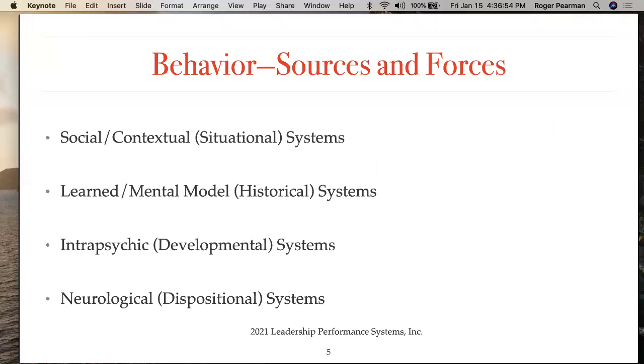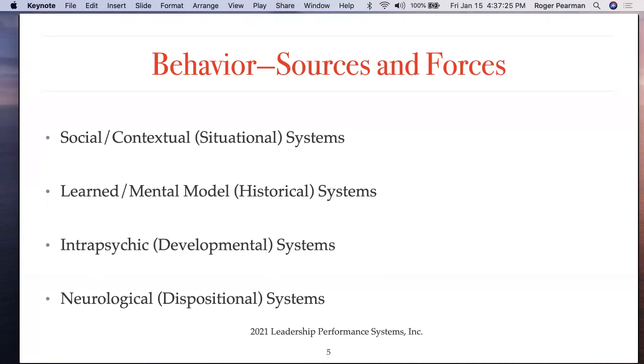Now, we think that whenever you're looking at any kind of report, this would be true of self-report as well as multi-rater data, you should keep in the back of your mind 4 kinds of factors. One is situational. Another is historical. That is to say, the people we're working with bring a history, and they've learned various things over time, and making sense of that history sometimes can occur when looking at a multi-rater report.